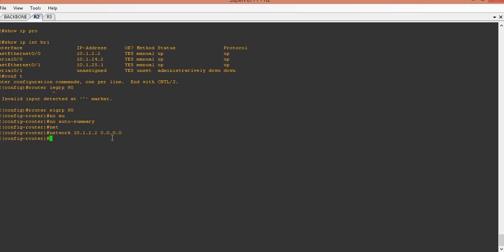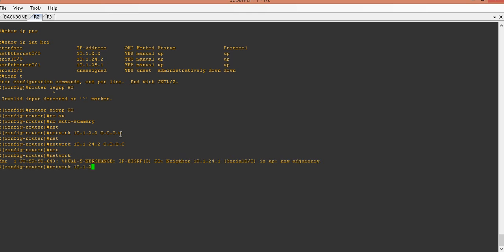So we use all zeros on the wildcard mask to be specific, or we can also use 10.1.2.0, and on the wildcard mask, the last octet, we put 255. So the next network will be 10.1.24.2, all zeros. The third network will be 10.1.25.1. Good. So I am done with that.